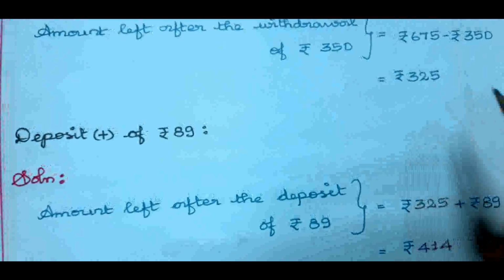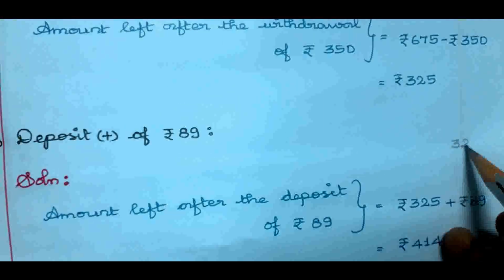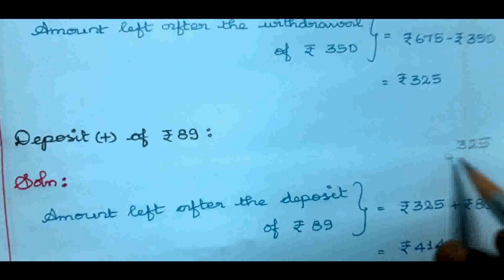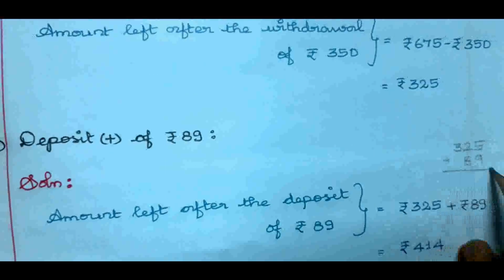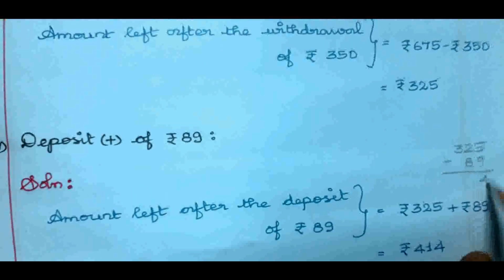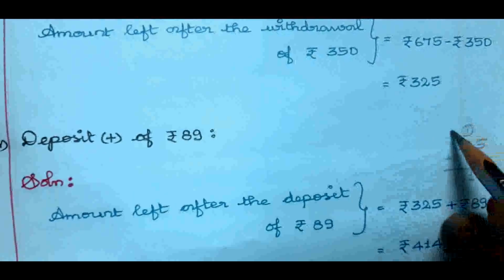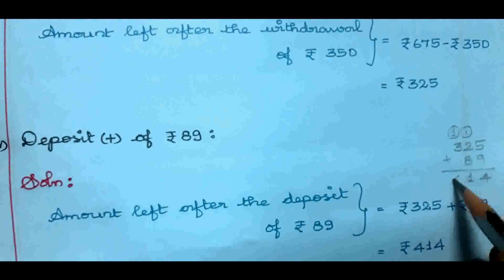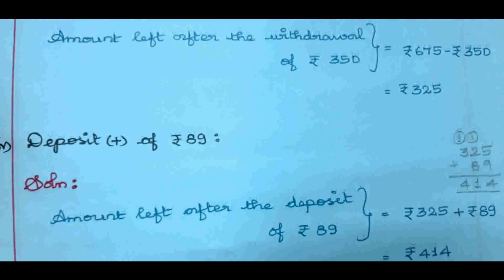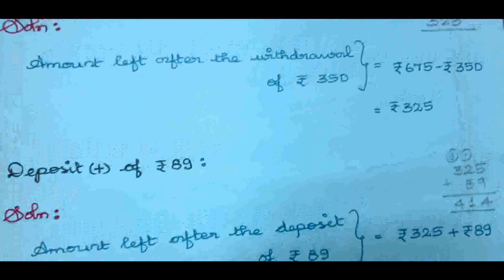So 325 plus 89. So 5 plus 9 is 14, remainder 1. 8 plus 2 is 10 plus 1, 11, and remainder 1. So 3 plus 1 is 4. So 414 rupees is now there in the balance.